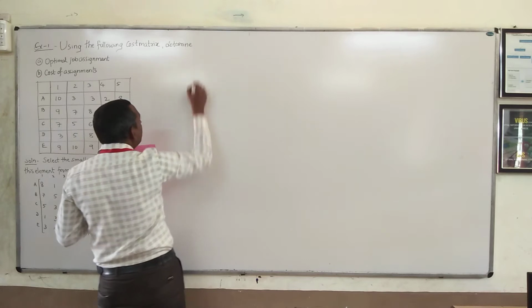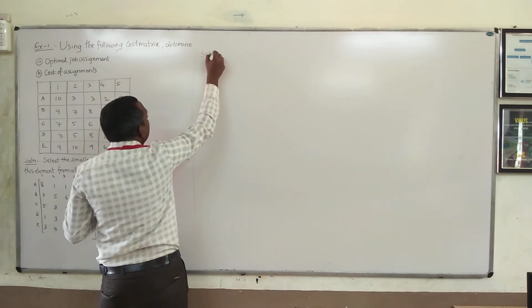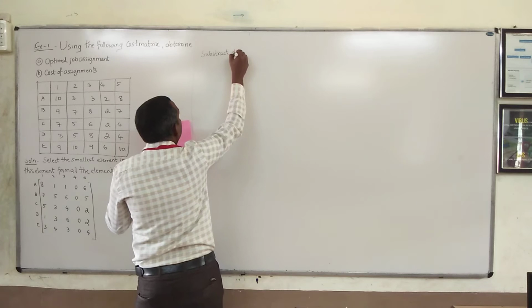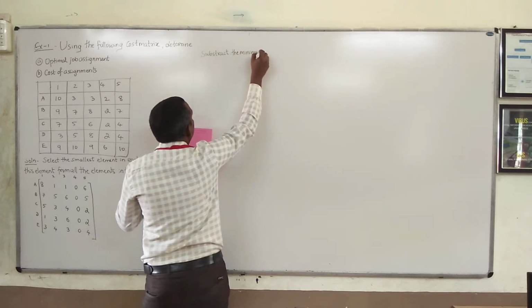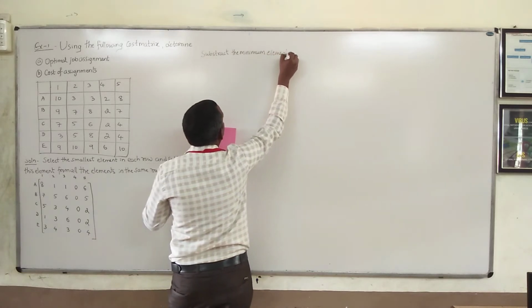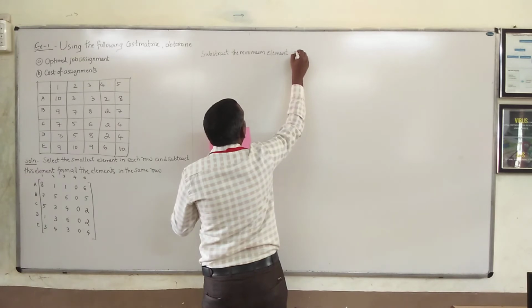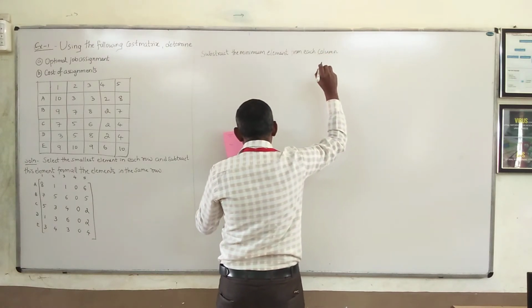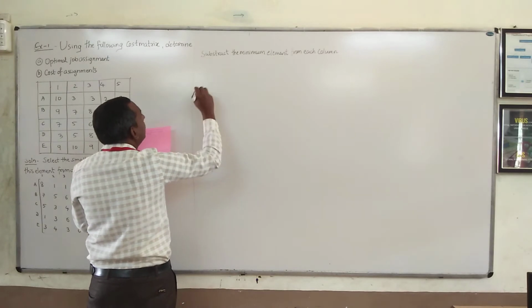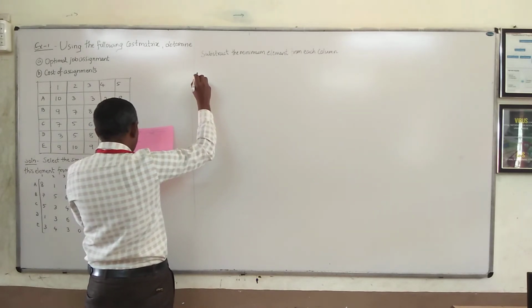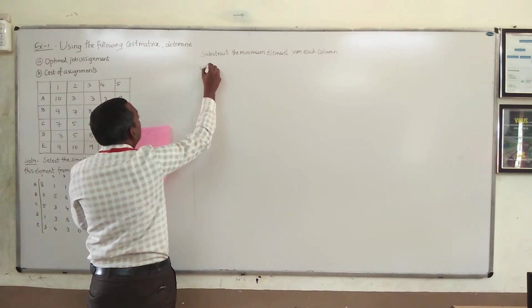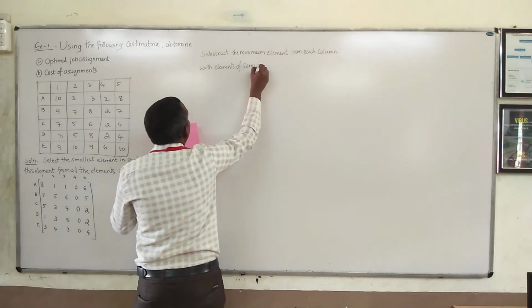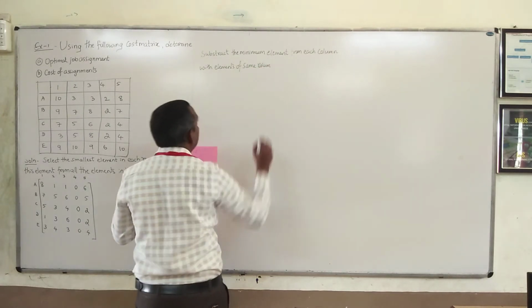So let me draw the line here. Subtract the minimum element from each column, from the elements of the same column.